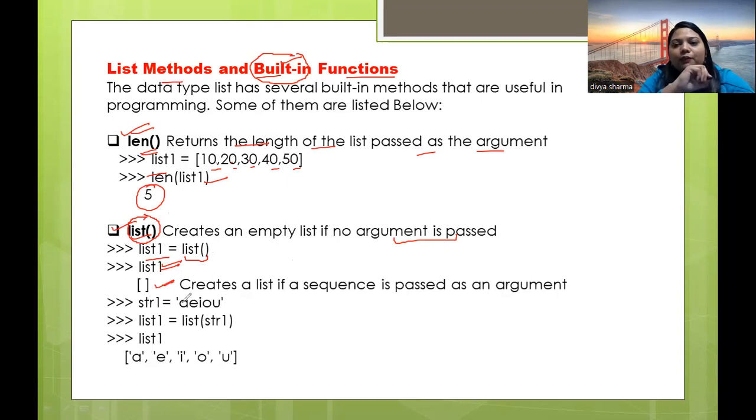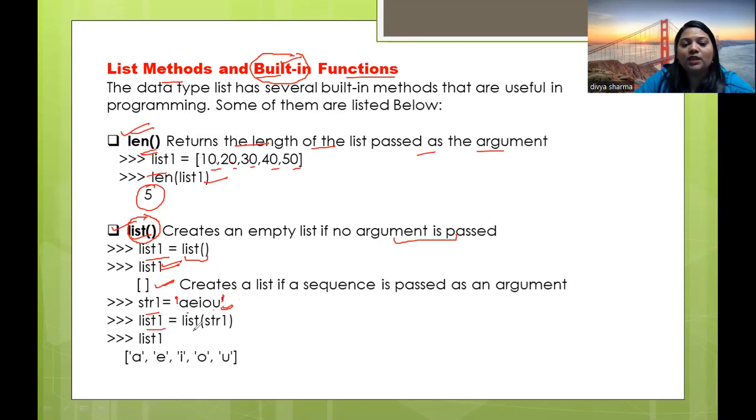But if I want to create a new list containing new data elements, in that case we can also pass arguments. Let us take one example, string 1, that is a, e, i, o, u, all these are the vowels enclosed within single quotes. So we are going to create a new list that is stored in list 1.